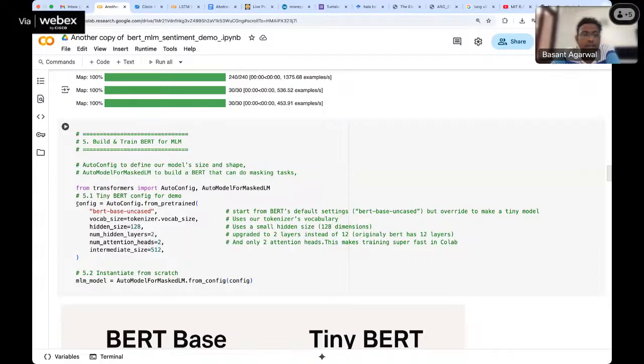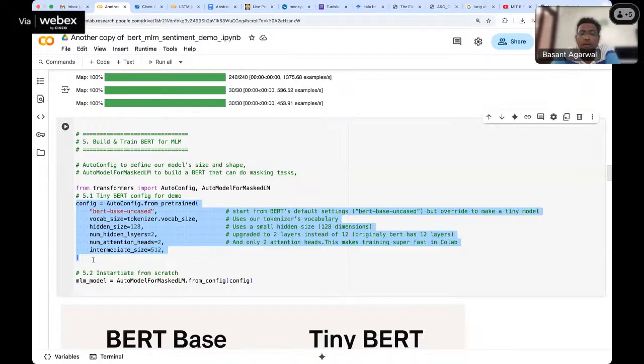So this is the configuration related to the model: how many hidden size we need in our BERT model, how many hidden layers, how many attention layers, how many intermediate layers.